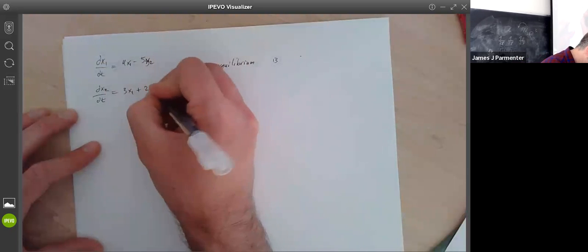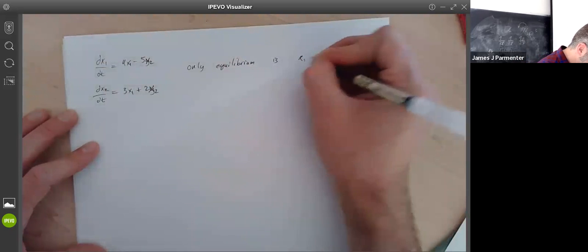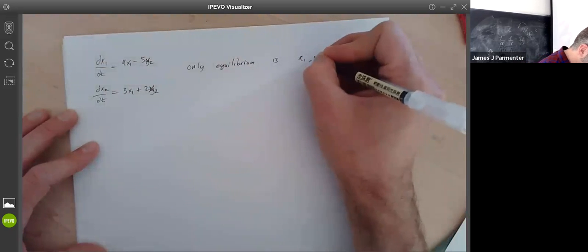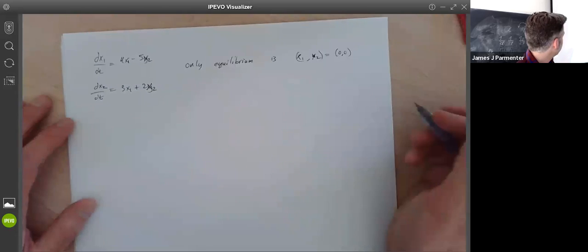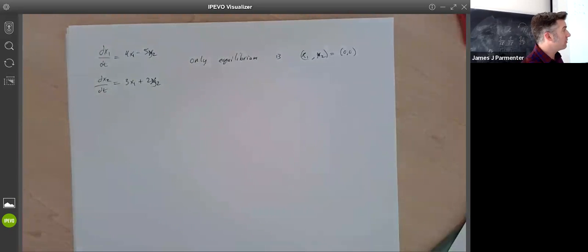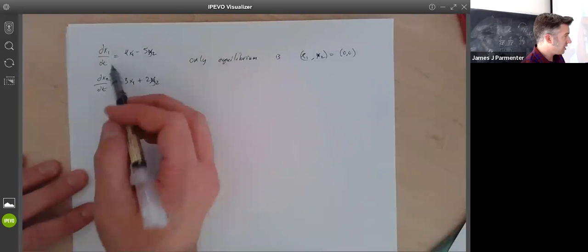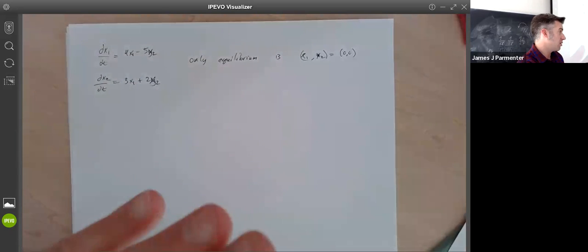The only equilibrium is (x1, x2) equal to (0, 0). This is the only place where nothing is changing, where both derivatives are equal to 0. That makes sense because both of these are just straight lines and they're both going to cross at the origin. So the only place where they're both equal to 0 is at the origin.